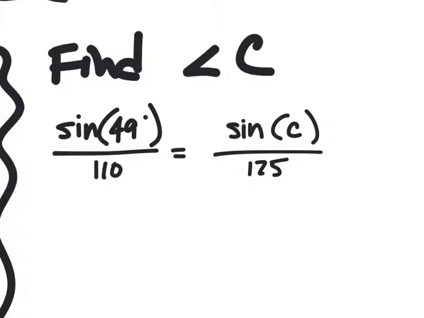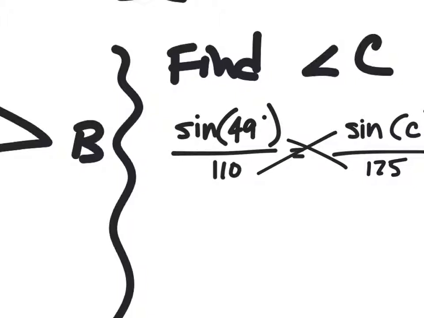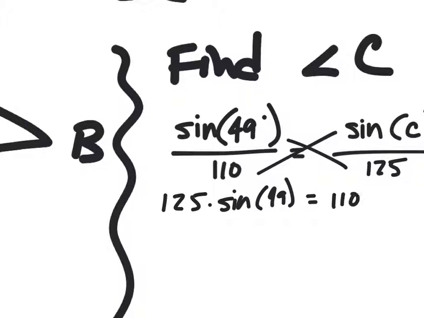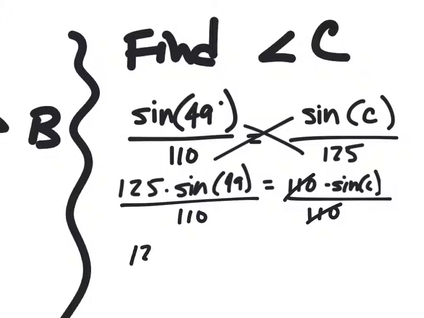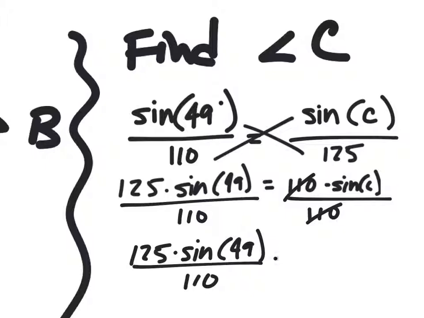Okay, and we want to solve this for C. So let's cross multiply. And so we get 125 times sine of 49 is equal to 110 times sine of C. Now we're trying to solve for C. So let's divide both sides by 110. And so then we get 125 times sine of 49 divided by 110 is equal to sine of angle C.